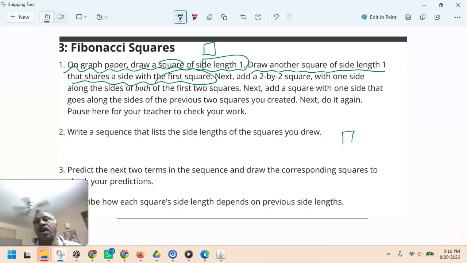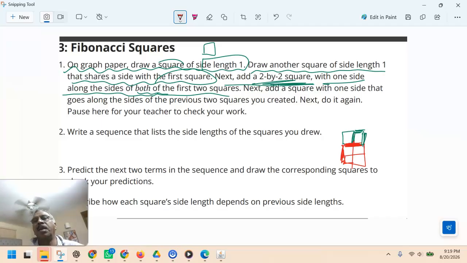That means if I draw one square, then you draw another square which shares that one side. See this side? So you have one. Then it says add a 2 by 2 square with one side along the sides of both of the two squares. What this means is, this is a side 2, 1, 2, and you draw another square like this.